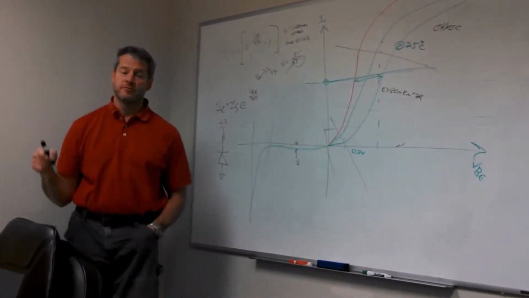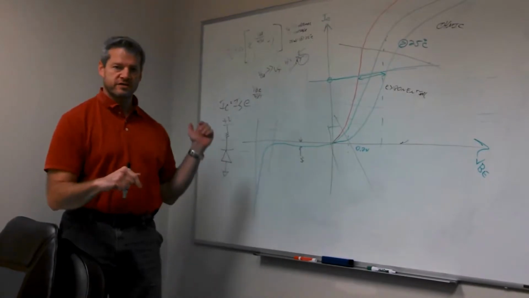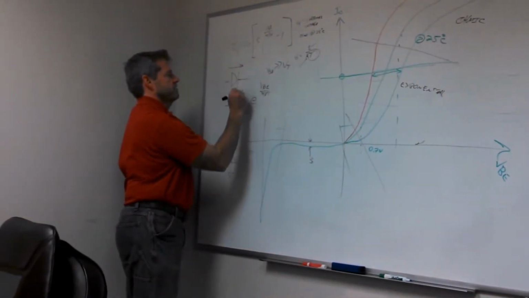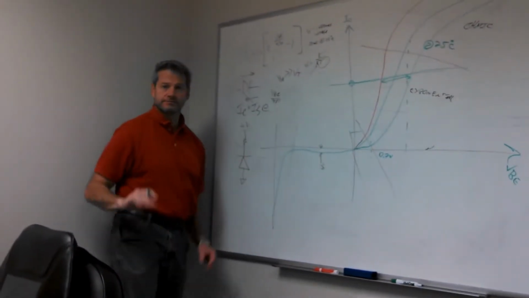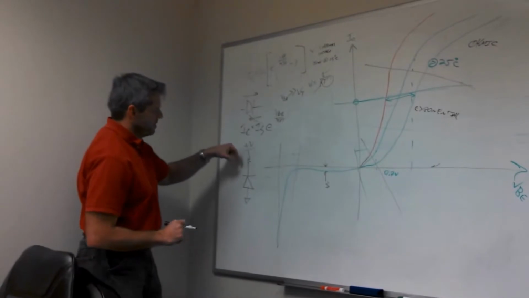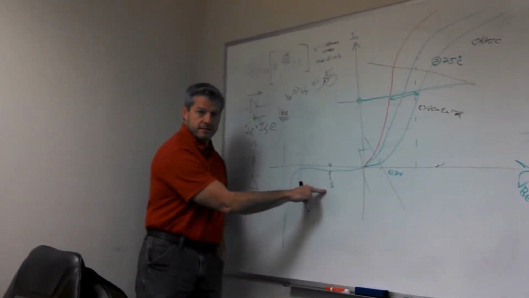In theory, in a perfect world, no current flows. Diodes conduct current this way, but not that way. In reality, some flows, and the amount of current that flows is IS.